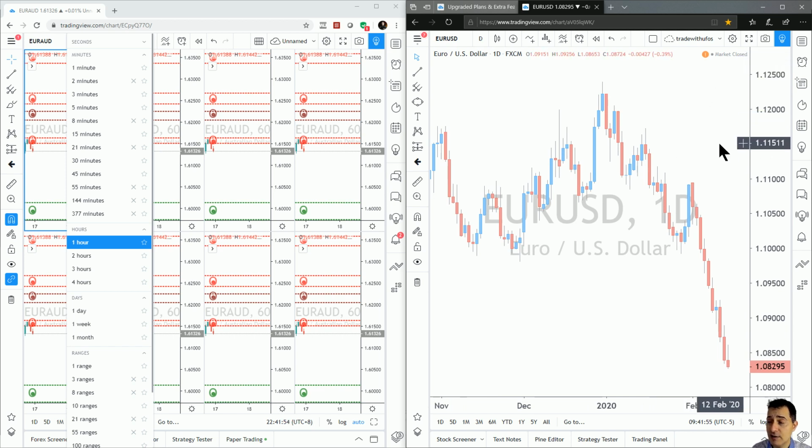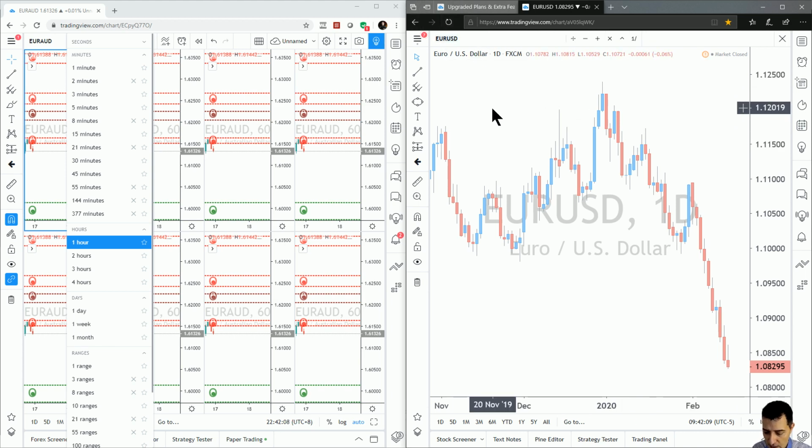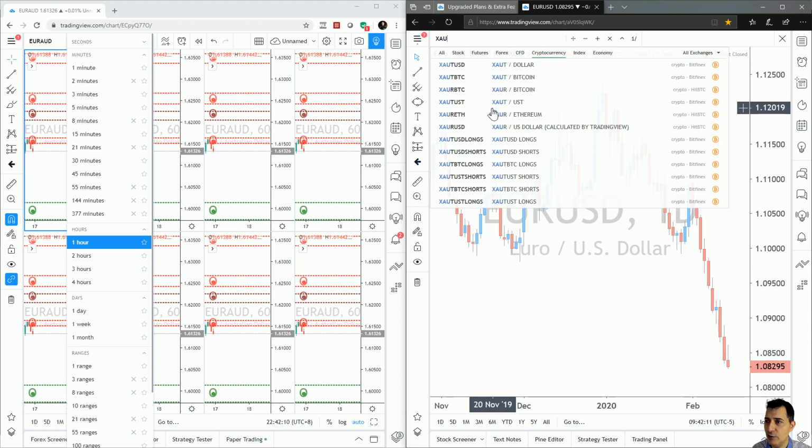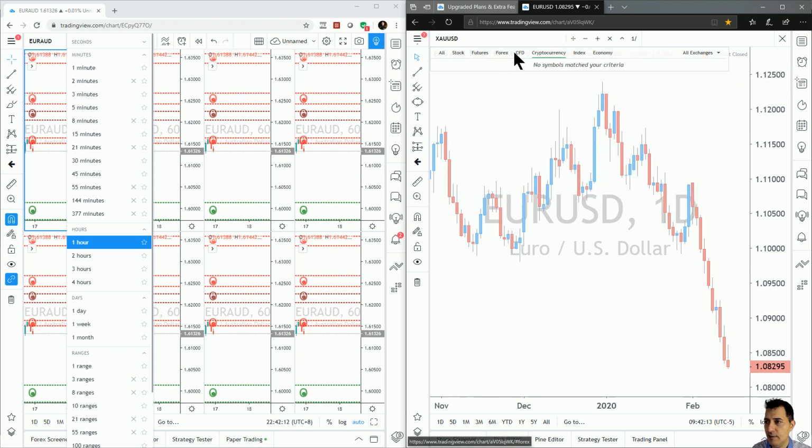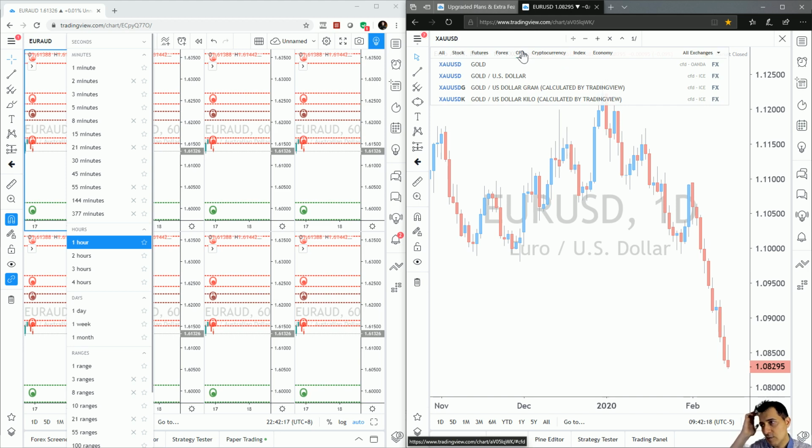During market hours, Forex, being a decentralized market, will also provide free data on the charts, which is real time. Why? Because it's a decentralized product. The same would happen if, for example, you load XAU USD, which is a CFD, contract for difference, for those of you trading outside of the US.